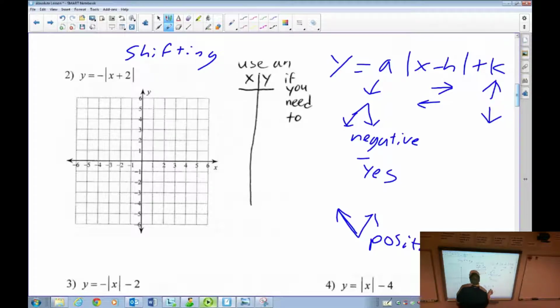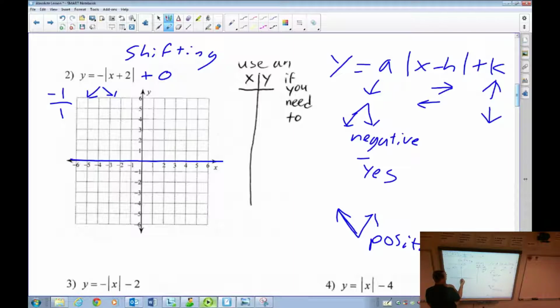Okay? So in this case, I'm just going to look at this graph and see that it's going to be a pointed downward graph with a slope of -1 over 1. So down 1 over 1, down 1 over 1. I need to see where my origin is, and so I don't have a plus k there, so +0. So it's just going to be along the x-axis somewhere. And then, so that's a +2, and it's the inside of the absolute value, so we're going to think the opposite.